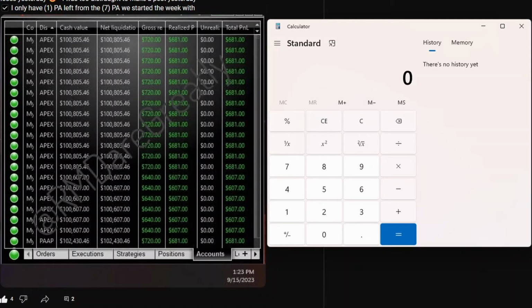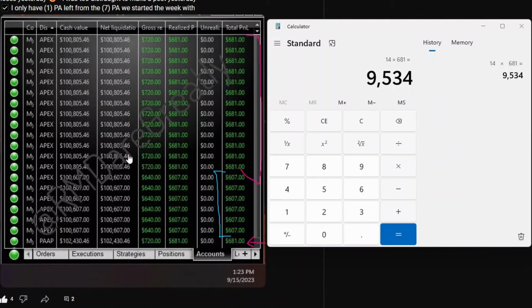As you can see from here, we had a total of 14 accounts that were at 681. So calculating that, 14 times 681, that's already $9,534. And then next you had 6 accounts. We have 6 accounts here that was at 607.